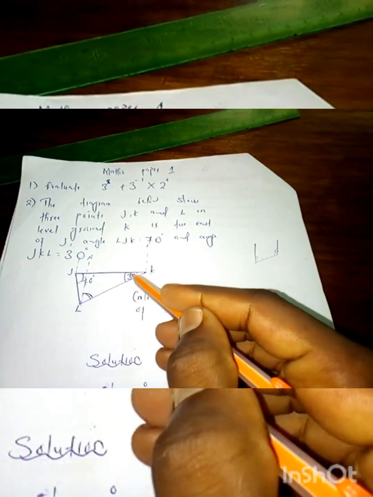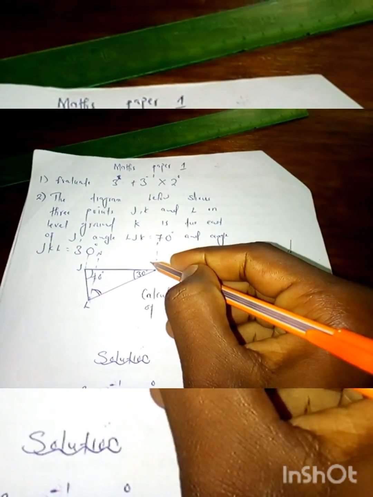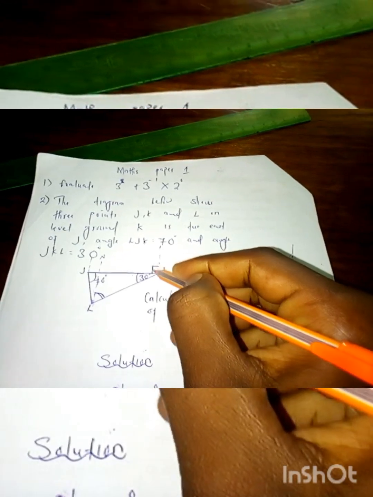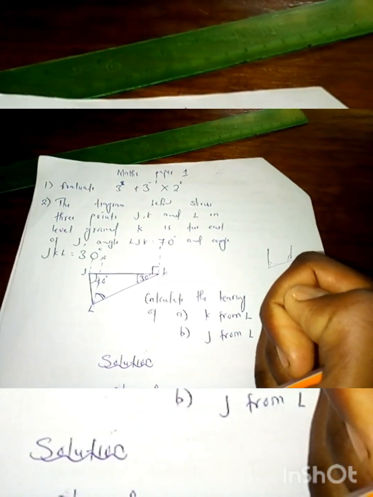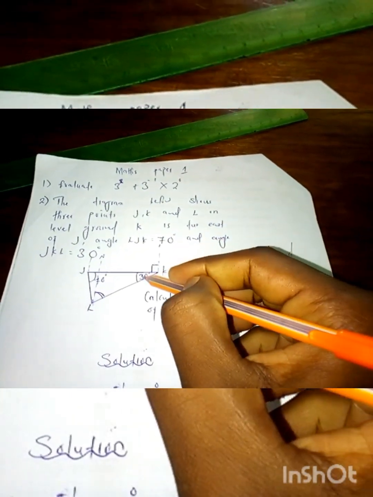These two angles, from here to here and from here to here, add up to 180. Then we know that this angle is 90 degrees. So we are going to say 90 plus 30.